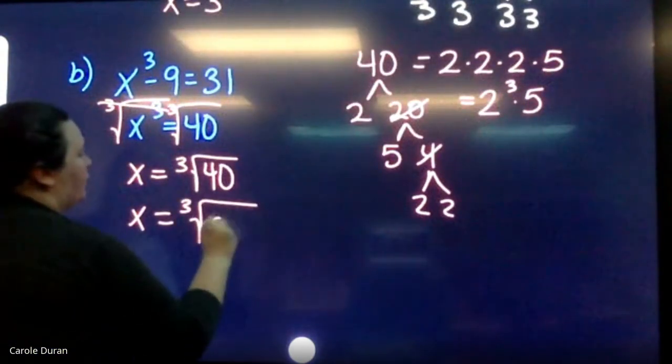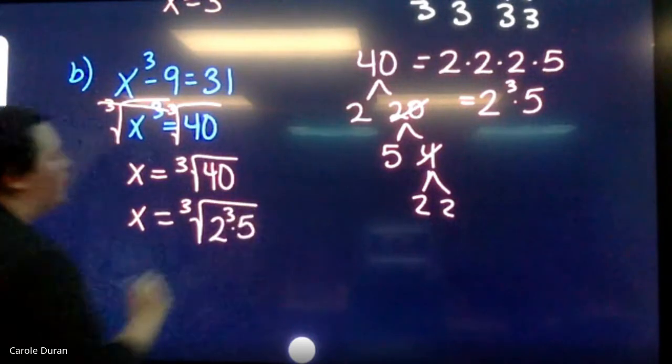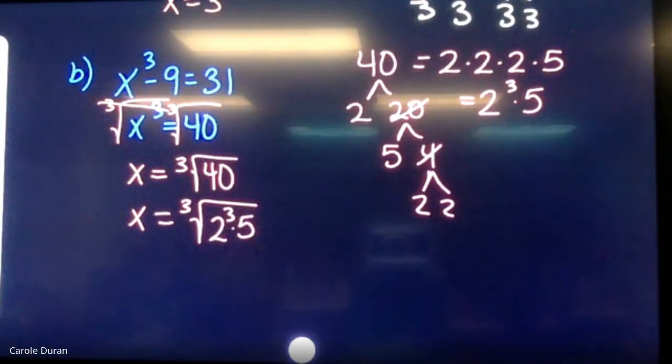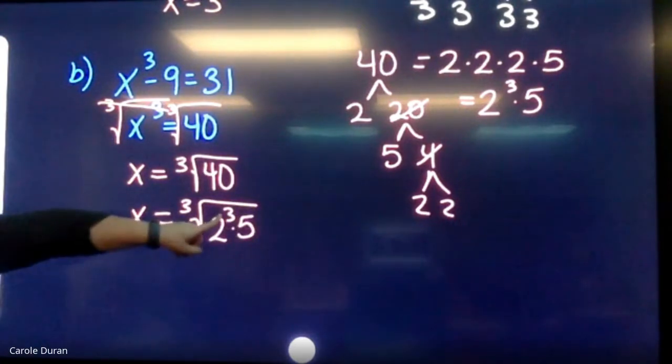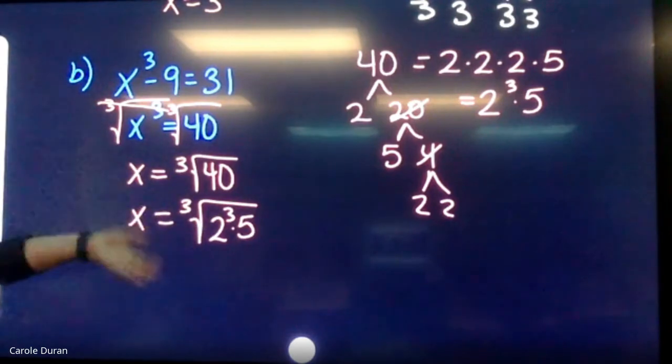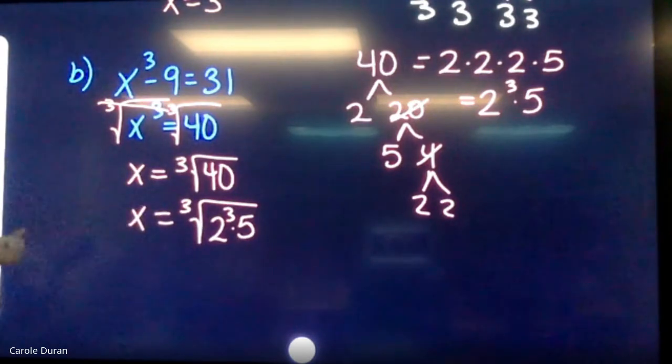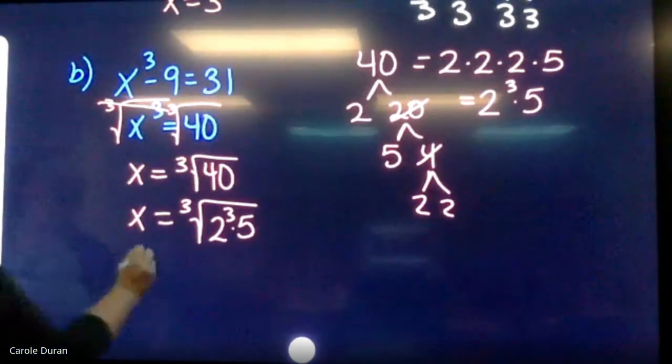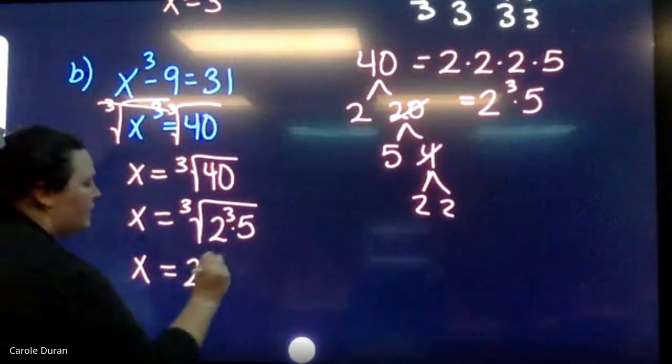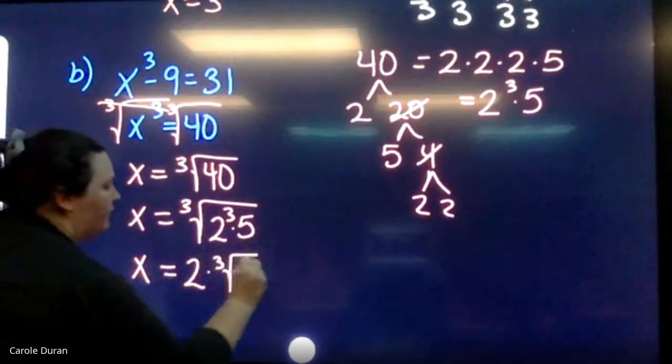I have 2 cubed and 5. How is that helpful? This cube is going to cancel out with the cube root, so that 2 is going to come out. Is the 5 going to come out as well? No, there are not 3 of them there. There's only 1, so it stays. Which means x equals 2 times the cube root of 5.